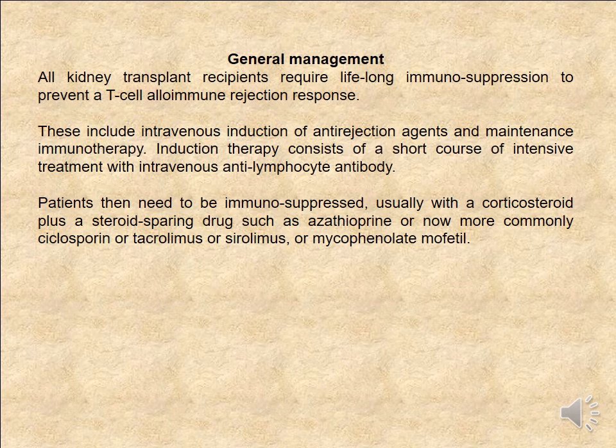Induction therapy consists of a short course of intensive treatment with intravenous anti-lymphocyte antibodies. Patients then need to be immune suppressed, usually with a corticosteroid plus steroid-sparing drugs such as azathioprine or, more commonly, cyclosporine or tacrolimus or sirolimus or mycophenolate mofetil.